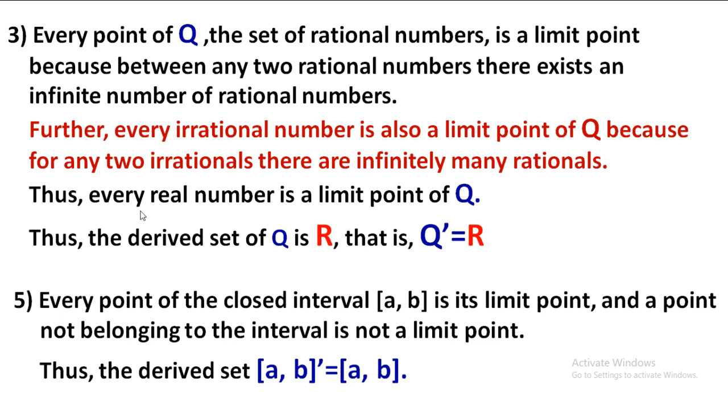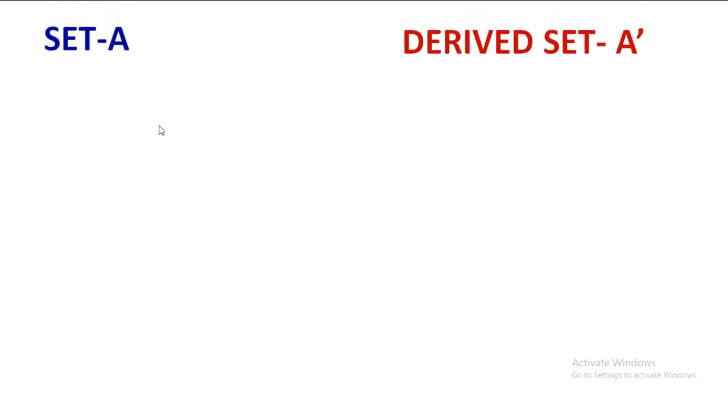So in this way we can see a number of examples based on the limit point of a given set and the derived set of a given set. I will give some more examples which will be helpful for your examination, especially in the set examination.